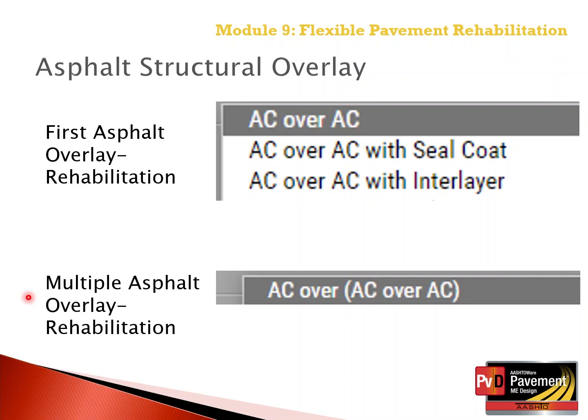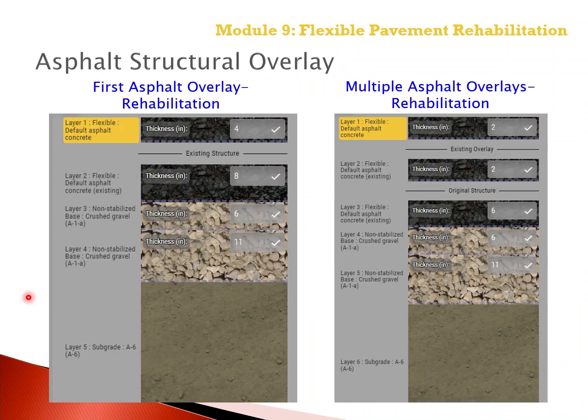These two are very similar and only include slight differences, which we will identify in the following slides. The basic difference between the single or first and multiple asphalt overlays is that an asphalt overlay has already been placed for the multiple asphalt overlays.